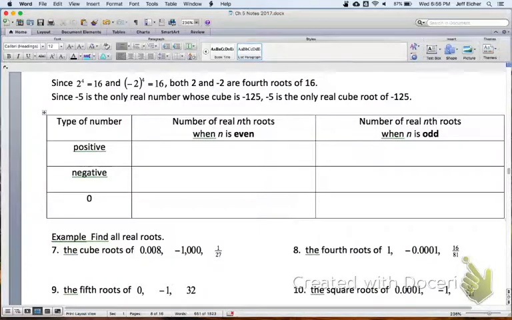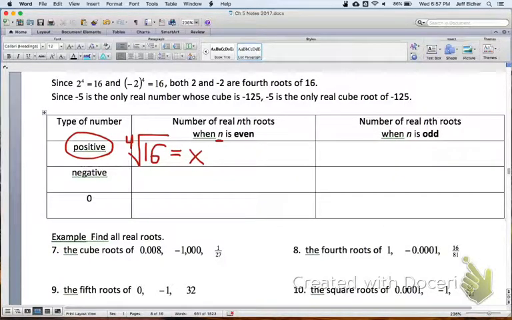Let's say we have a positive number, and we want to know the number of real nth roots when n is even. Let's say we have that 16, a positive number. And let's say our n is an even number like 4, so the 4th root of 16. This would equal something like x.